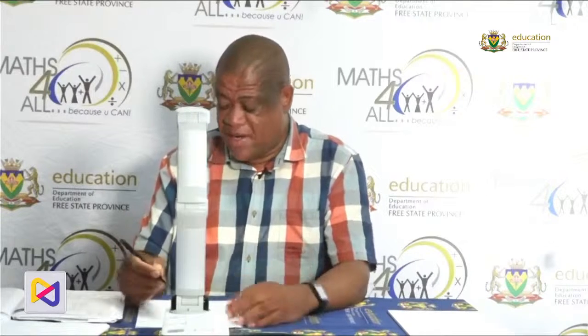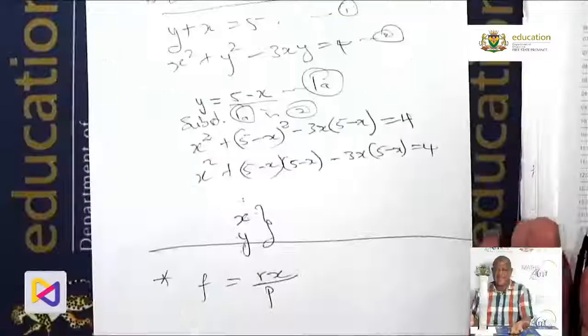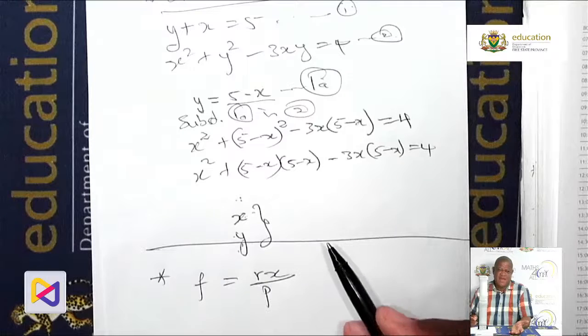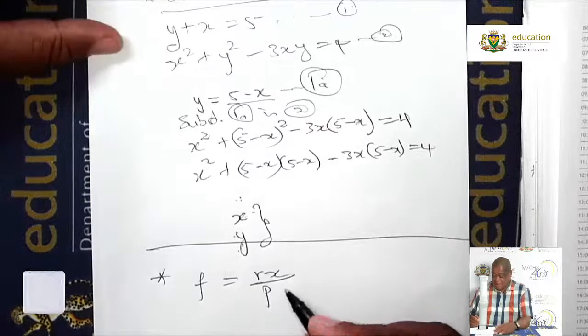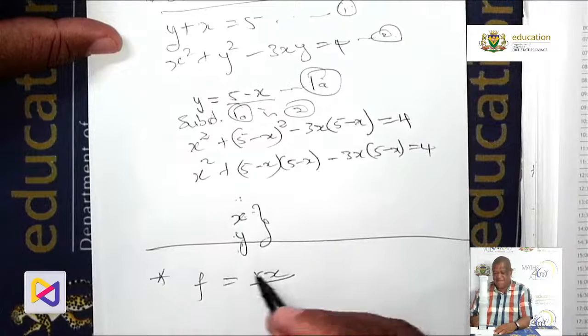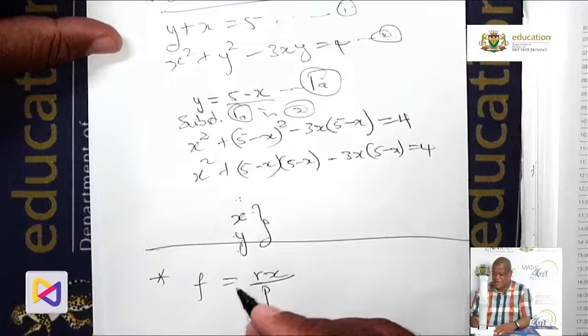It will be told that from whatever is given to you, I will just make an example, f equal to rx over p. They say to you, make x the subject of the formula. All they are testing is how to manipulate this given equation and make x the subject of the formula. That is a very simple question.